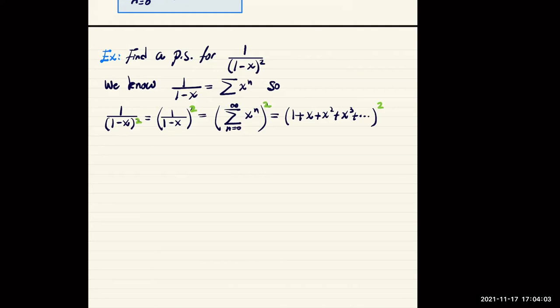Do you dare? Can you imagine foiling out an infinitely long polynomial by itself? My brain is too small. It actually makes our brain shrink.